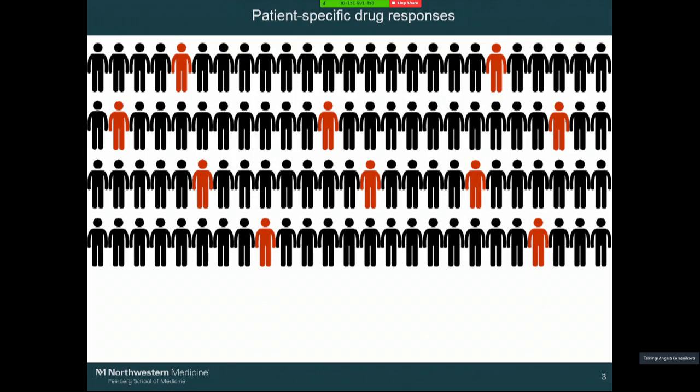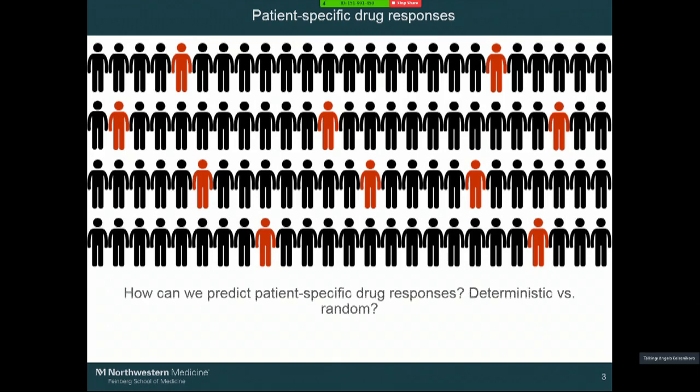If we have 100 patients, they're all treated with the same drug, and 10 of them have a negative effect, such as cardiotoxicity, our question is whether we could predict this patient-specific drug response, whether it is deterministic or random, whether we can identify the genetic cause of this drug response, and then finally, by finding that genetic cause, what can we use to identify genes, pathways, and then develop drugs to modify that drug response.